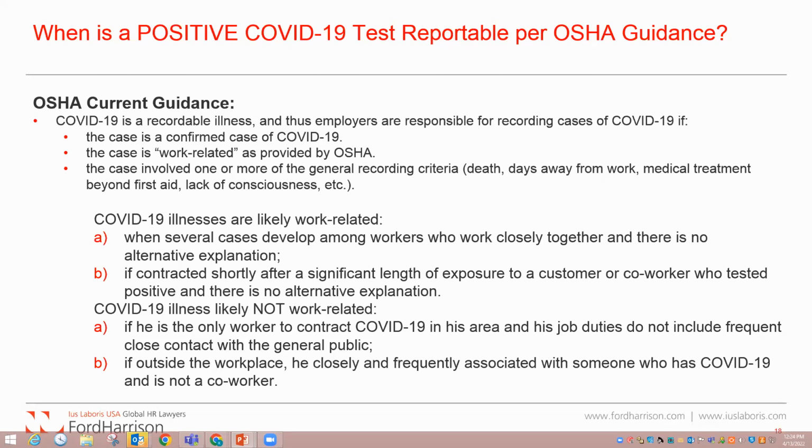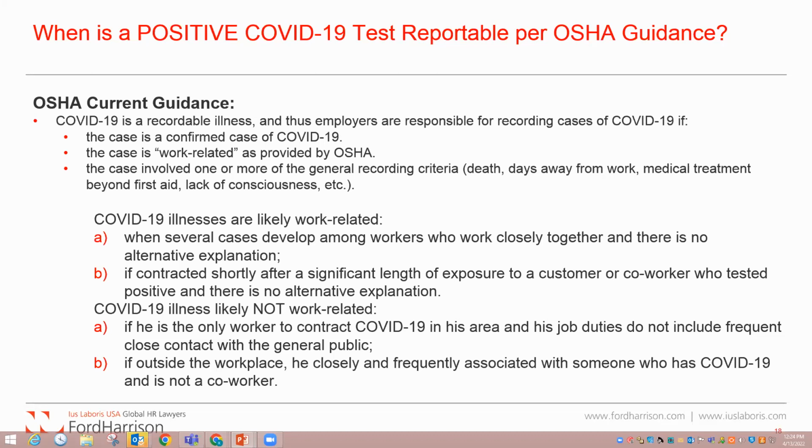Or if an employee had a very lengthy exposure with a customer, they rode together in a car on a trip that was 3-4 hours long, and they both have it, okay, probably work related. But if the employee was the only one in his area to have it, and his job duties didn't include frequent contact with the general public, not work related.